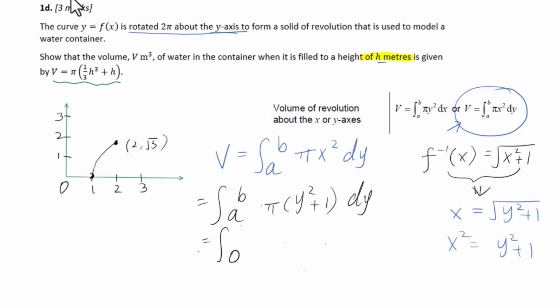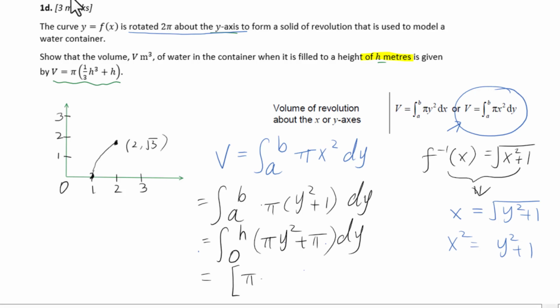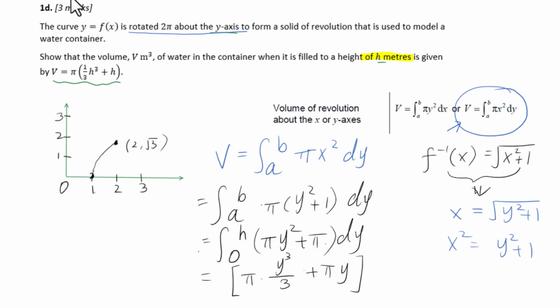From 0 to h, pi y squared plus pi dy equals bracket pi times y to the third power over 3 plus pi y, from 0 to h.